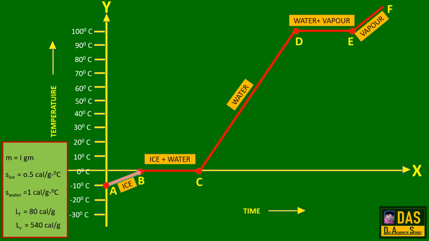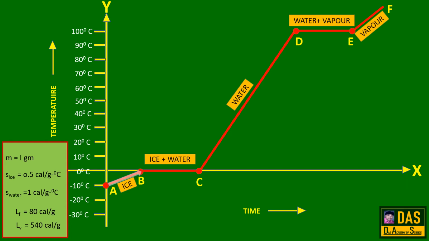Here, there is change in temperature from minus 10 degrees Celsius to 0 degrees Celsius, and there is no change in state of the matter. So, how much heat energy is required to convert 1 gram of ice at minus 10 degrees Celsius to ice at 0 degrees Celsius?